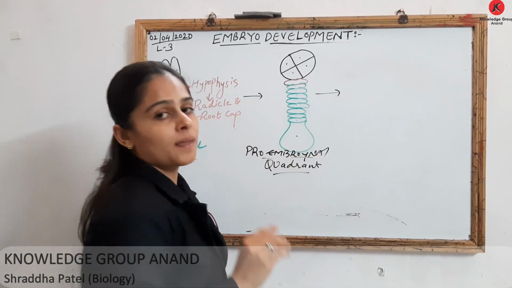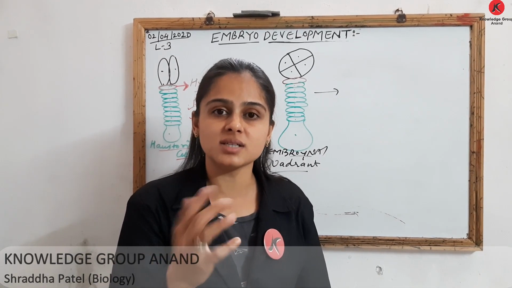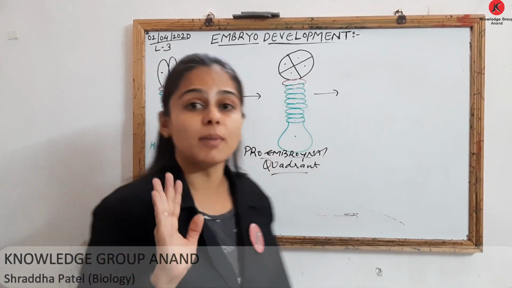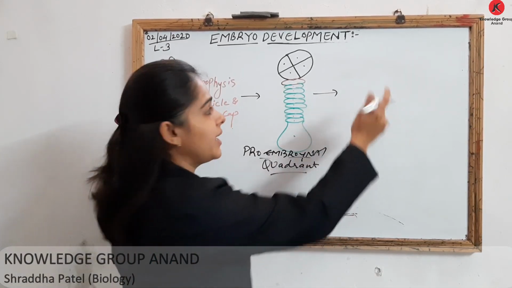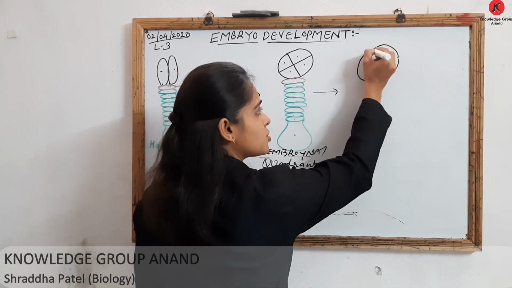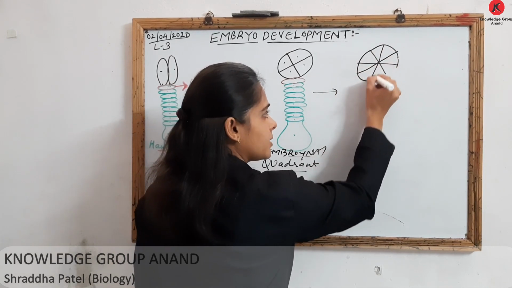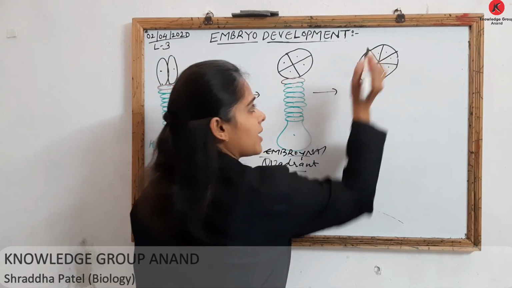Now look, this is the mass of cells which is formed. Some cells are present in front of you, some cells are present behind. But for ease of our understanding, I am representing all 8 cells over here. 1 2 3 4 5 6 7 and 8.